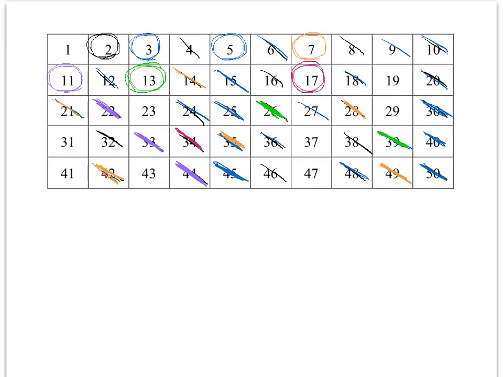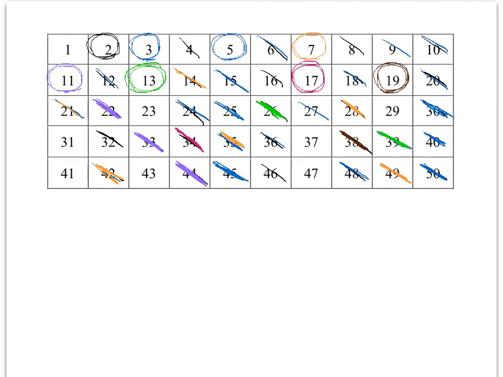Okay, so I'm about to run out of pretty colors, so let's go back to something different. Anyway, so our next one is 19. There it is. There's 19 times 1. 19 times 2 would be 38. It's already been scratched off. 19 times 3 is 57, but it's larger than 50. Okay, so let's see here.